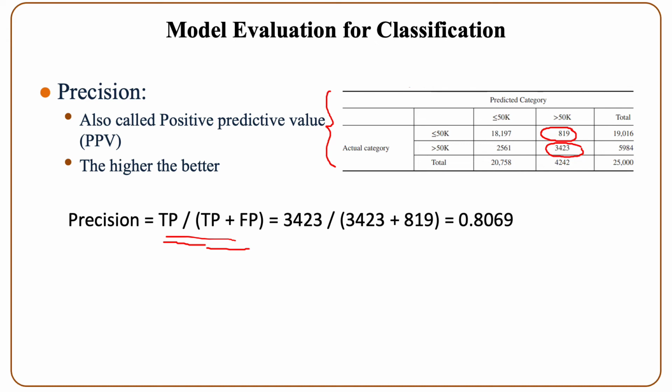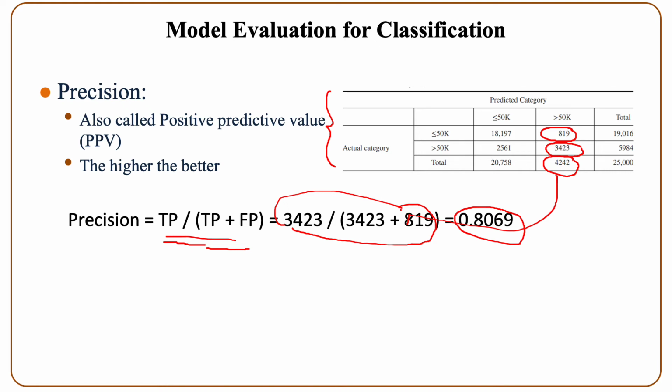The sum of those numbers is actually provided in the last row. So we plug those in here, and then we get this result, which is about 80.7%.